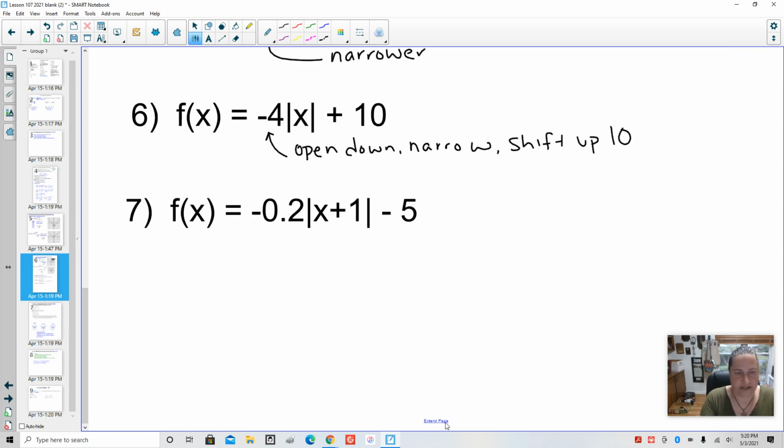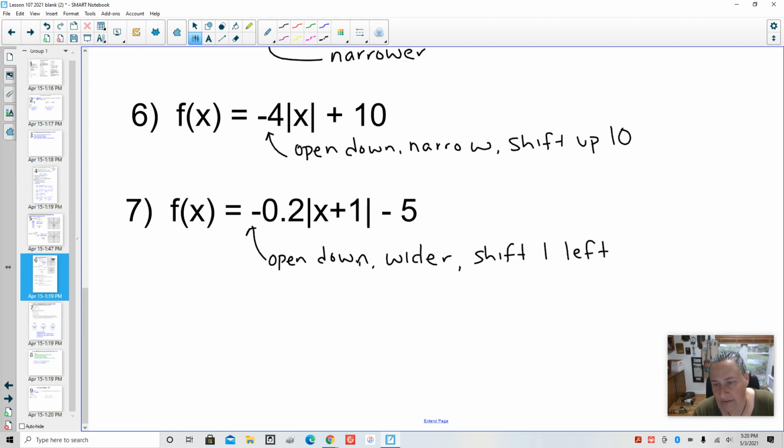Lots of changes here too. So first of all, it's going to open down. This is 2/10. So its slope is going to be up 2 over 10, up 2 over 10. So it is very wide. And we are going to shift it 1 to the left, right? +1 is going to shift to the left.